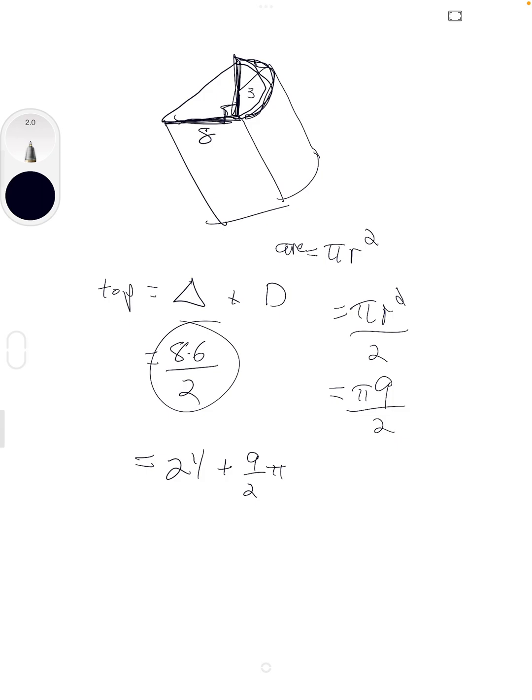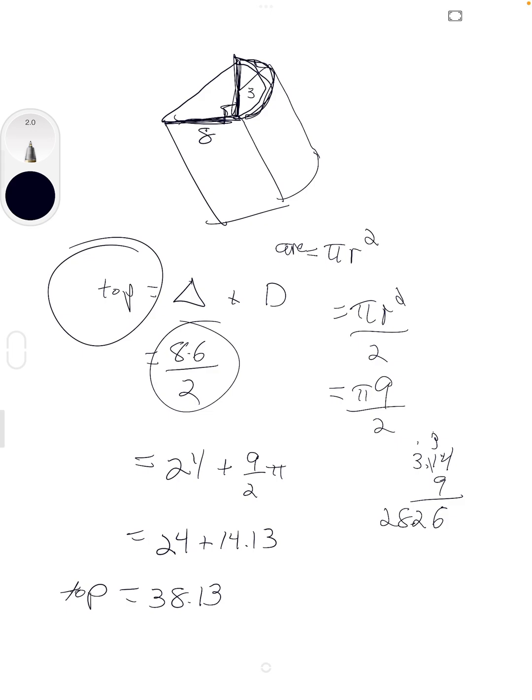You can multiply it out and get a real number, which is what I would typically do. 3.14 times 9, and I'd use a calculator for this, gives 28.26. Half of that is 14.13. So the answer is going to be 38.13 as the area of the top.